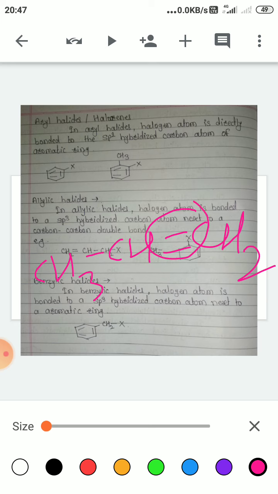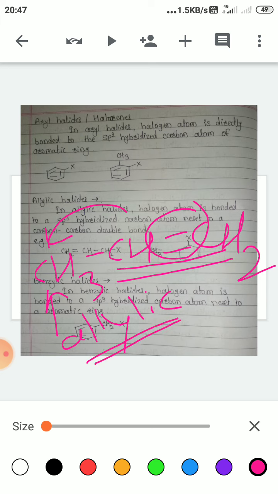And the carbon attached to the carbon-carbon double bond, this carbon is attached to a carbon atom which is double bonded. Therefore this carbon atom is called the allylic carbon atom.